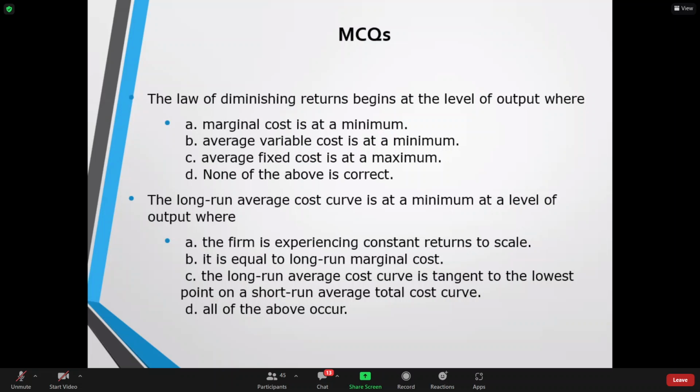None of the above is correct. Its average variable cost is at minimum. Right.